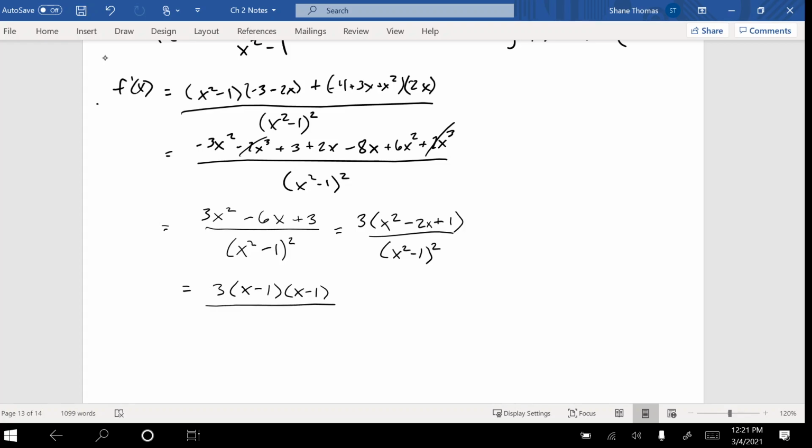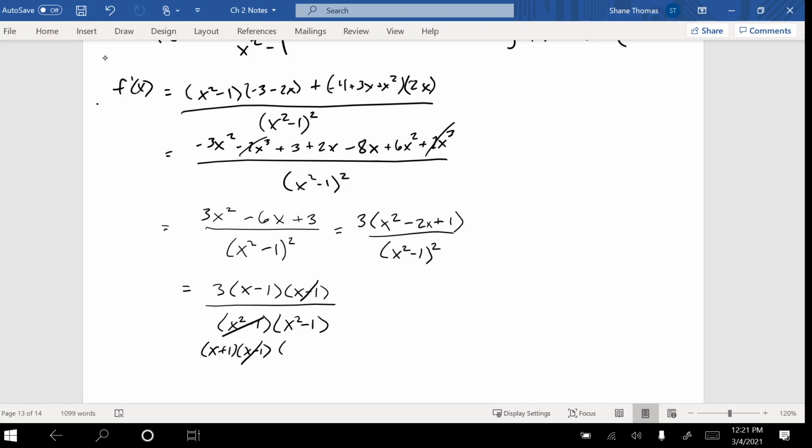yeah, this would go a long way. Because I have x squared minus 1, x squared minus 1. Isn't that the same as that quantity squared? Right? Now then this is the difference of two squares, right? So I can take this guy, x plus 1, x minus 1, right? Gone, gone.